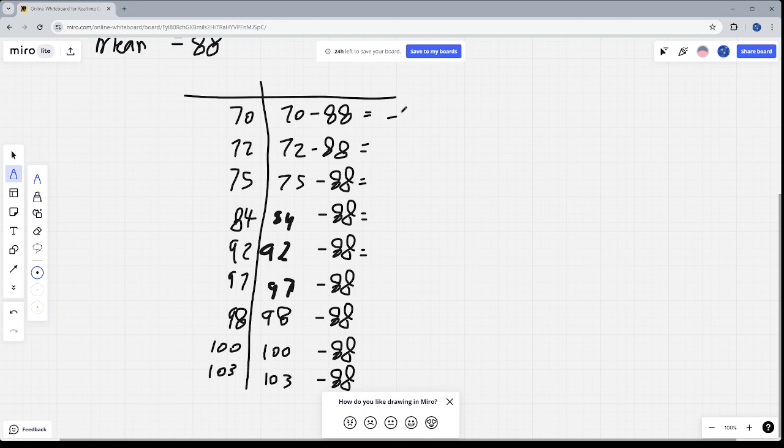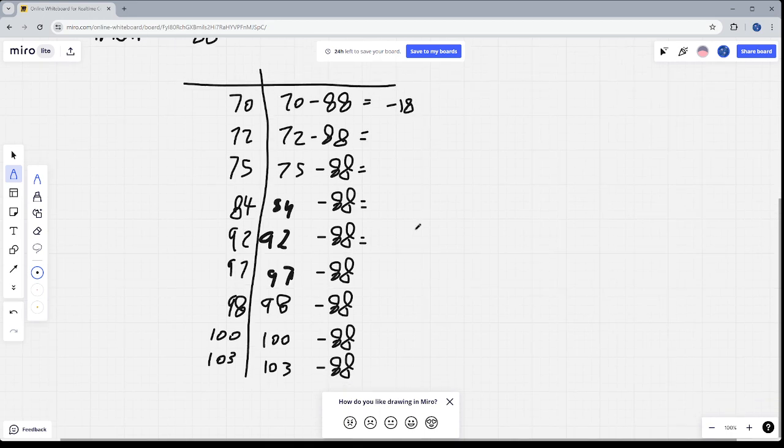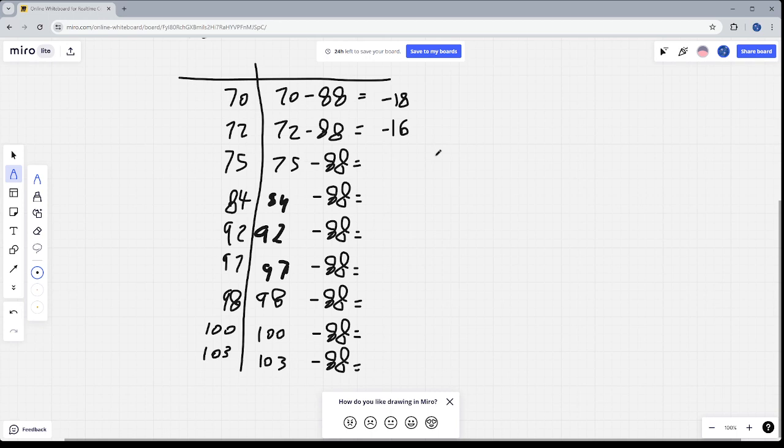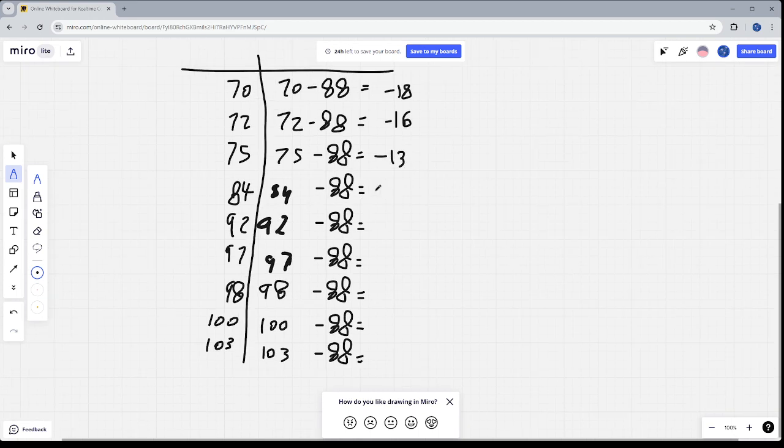-18. Good. And then 72 minus 88. -16. Perfect. 75 minus 88. -13. Good. 84 minus 88. -4. Yep. 92 minus 88. 4.